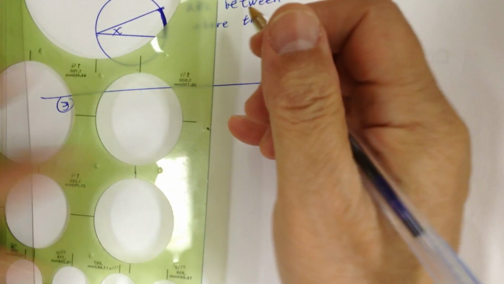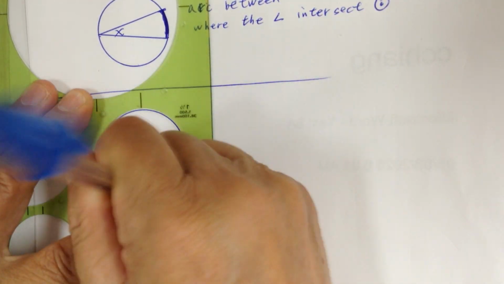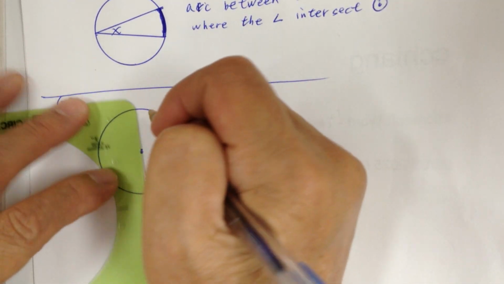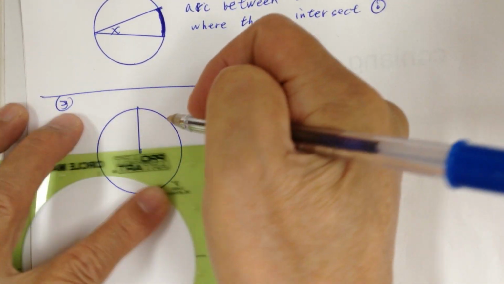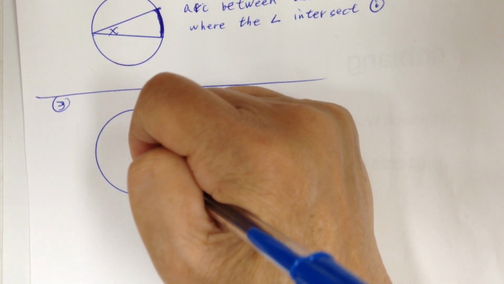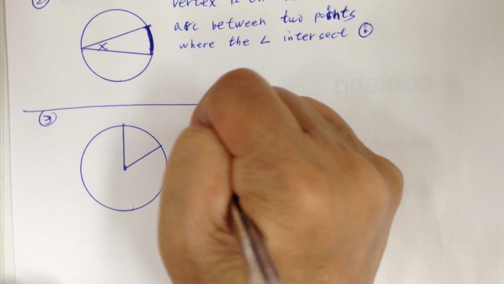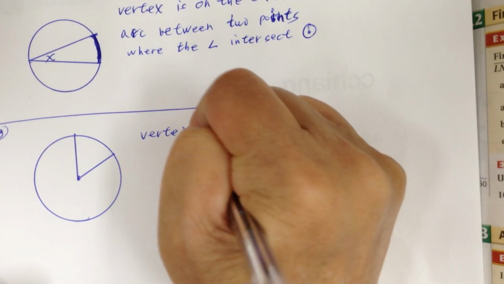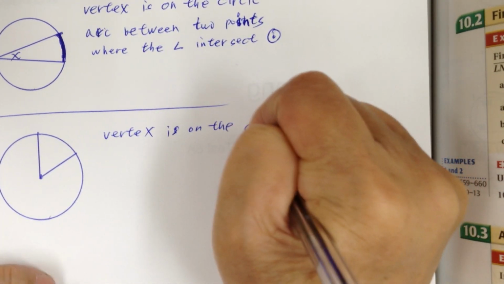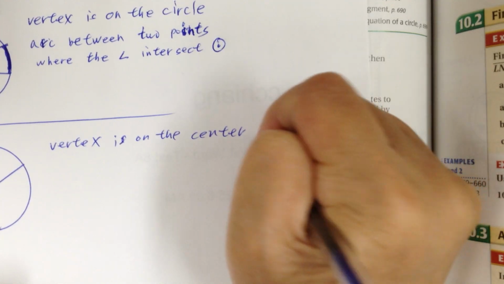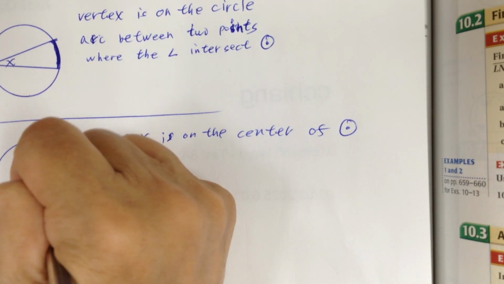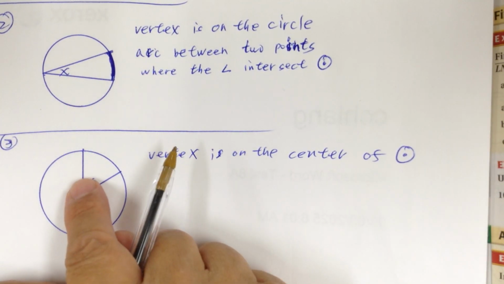For the central angle, the central angle is when the vertex is at the center of the circle. So that is this over here. So that's central angle. So again, inscribed angle, central angle.